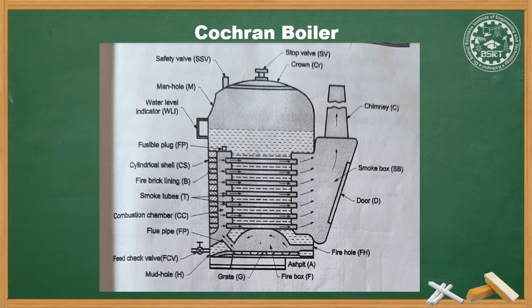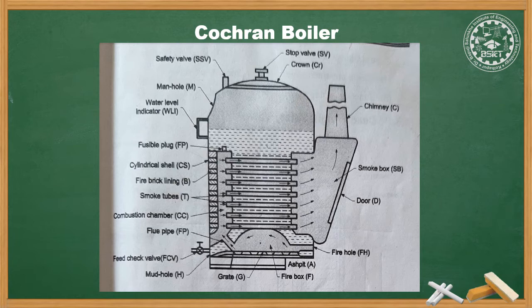While passing through the tubes, they reject the heat to the water. With this, the water gets heated and starts forming steam, which is collected at the top, that is the crown. The shape of the crown is hemispherical to avoid the bulging effect due to steam pressure. A manhole is provided for cleaning the boiler.